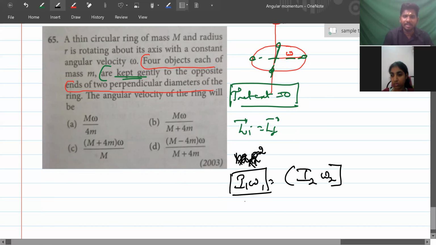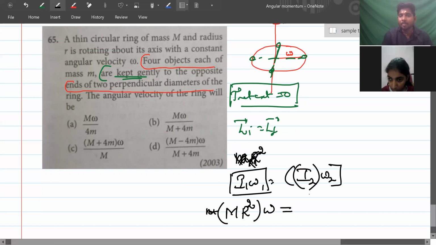Initial I1 is only for the ring, capital M R square, into the angular speed omega. That should be equal to the final moment of inertia times omega 2. The final moment of inertia is, one, due to the ring, MR square, plus 4 m R square for the four particles which are at a distance of R from the axis.